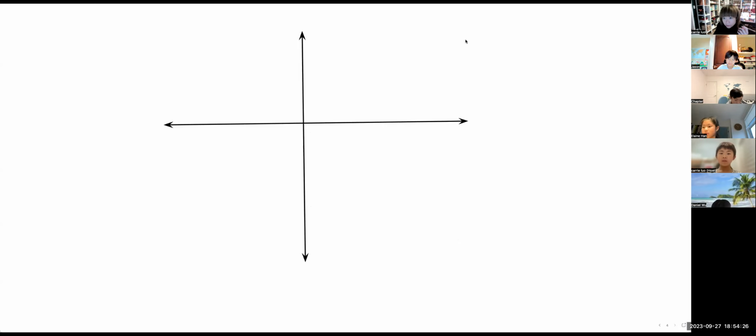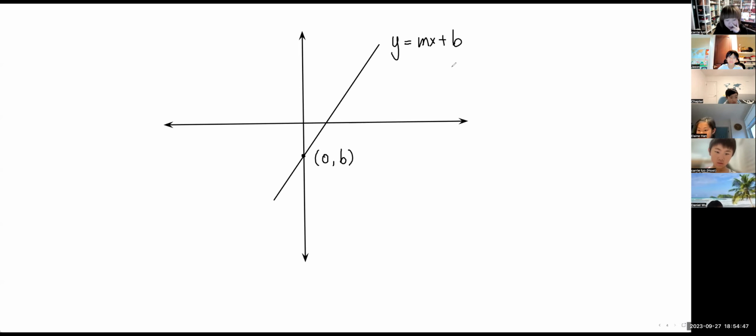And I want you to tell me, if I give you a line like that, and I say it represents y equals mx plus b, can you tell me whether b is negative or positive?